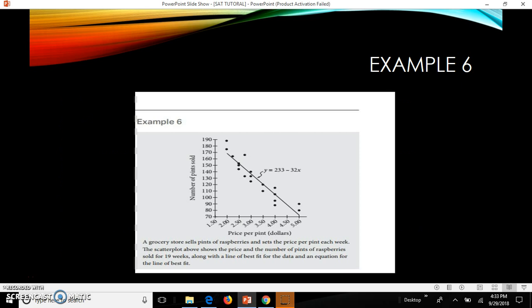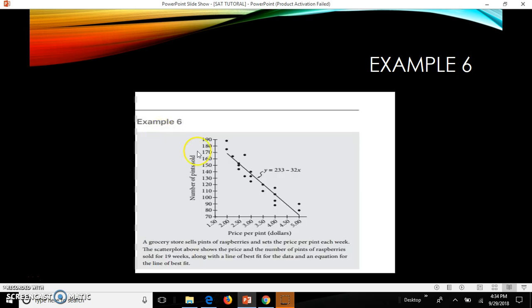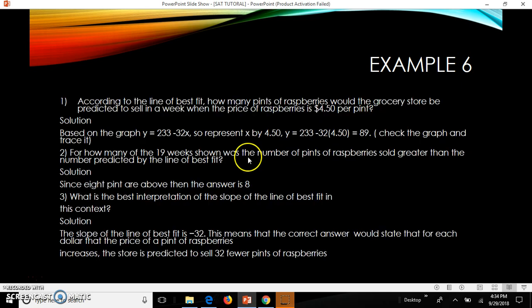So all you need to do is check this graph and look for 4.50. First let me give you the theoretical approach. Look at it, this is the equation of the line. When you substitute 4.50 for x, you get your answer to be 89.